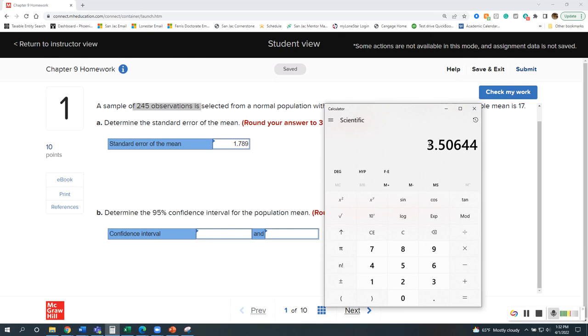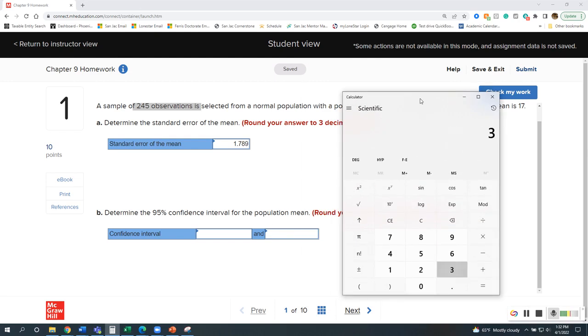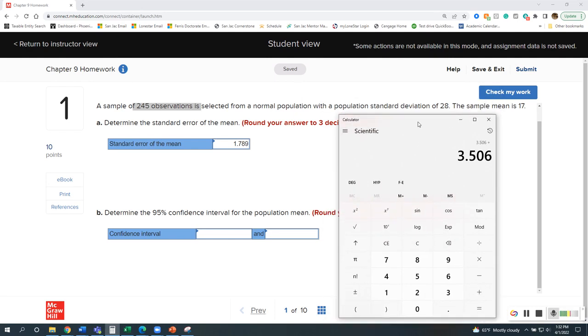Again, we're going to keep it rounded, and it says round to 3 decimal places, so we're going to keep 3.506. Then we're going to add it to our sample mean, which is 17.